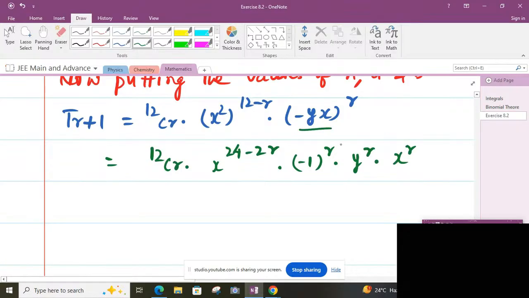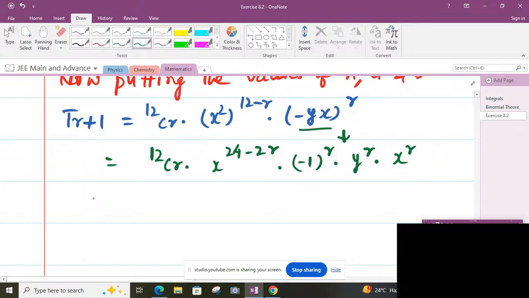This is the expansion of this one. For minus we write here minus 1 to the power r, for y we write y to the power r, and for x we write x to the power r.